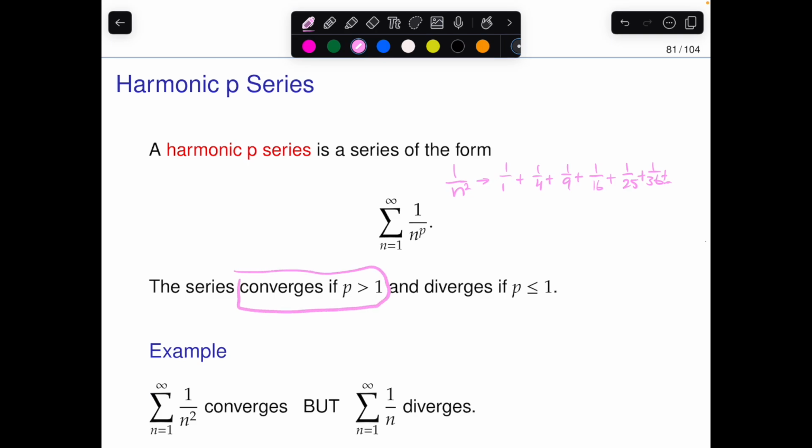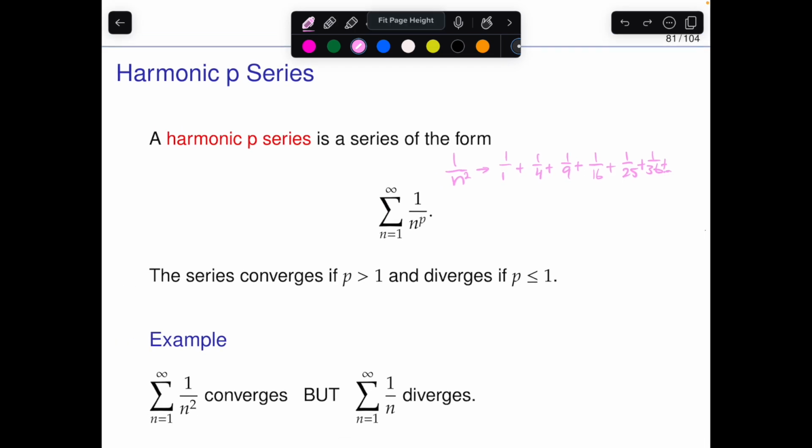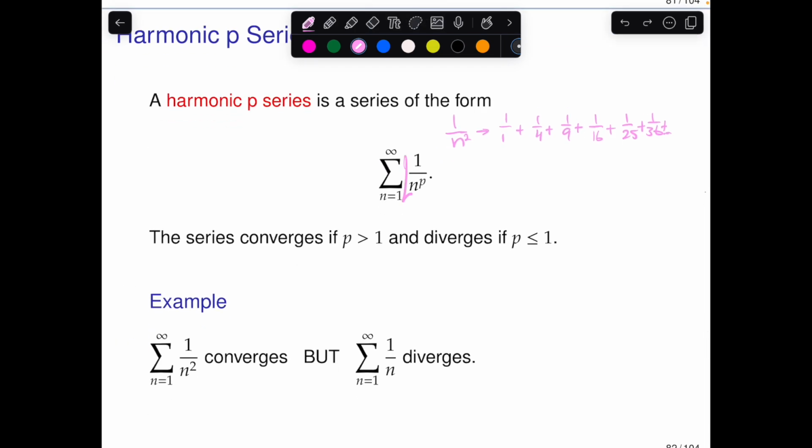Because essentially the amount that's being added reaches 0 very quickly. And the way to judge that is you can say that the limit of whatever function here as n tends to infinity, it tends to 0.